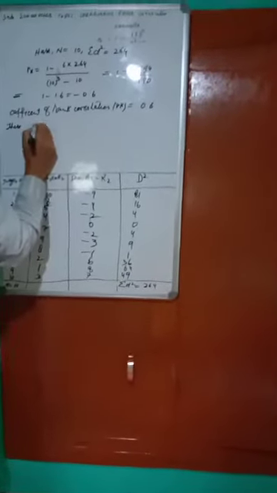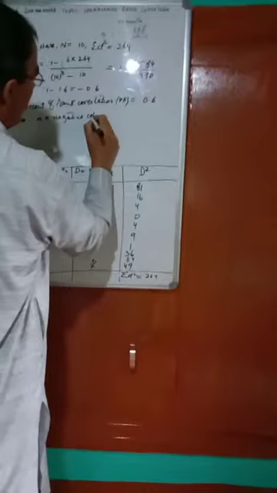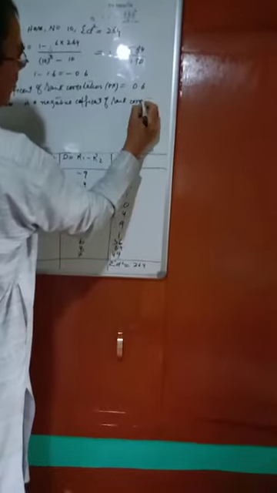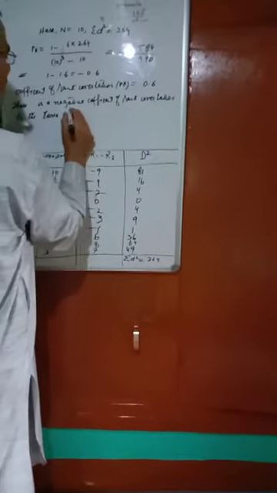There is a negative coefficient of rank correlation to the tune of 0.6, which is fairly high.